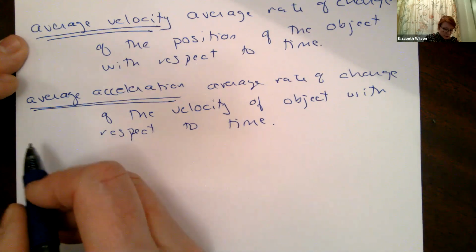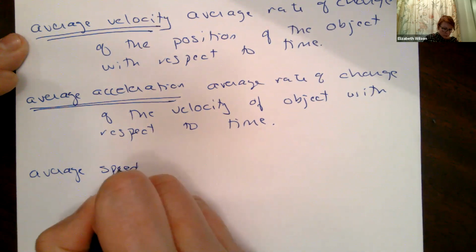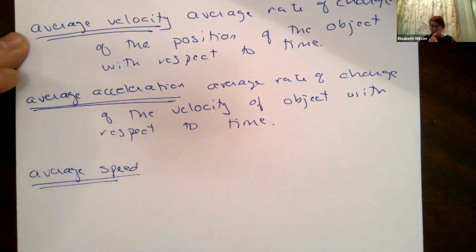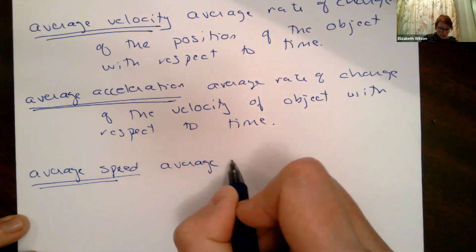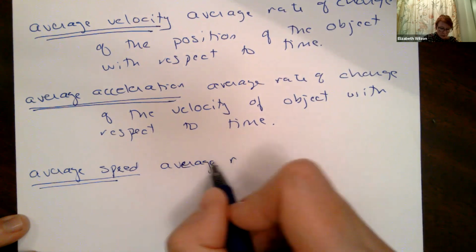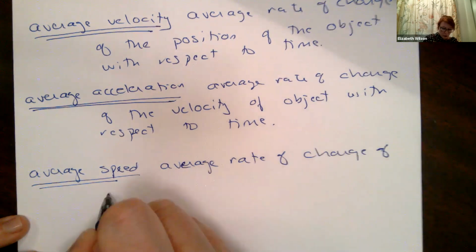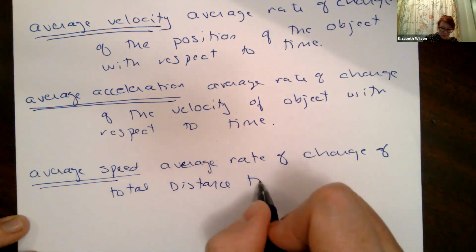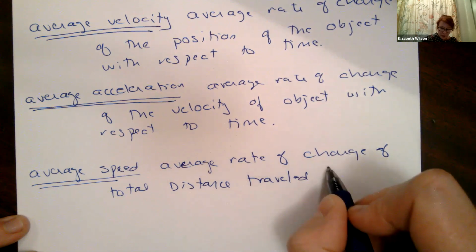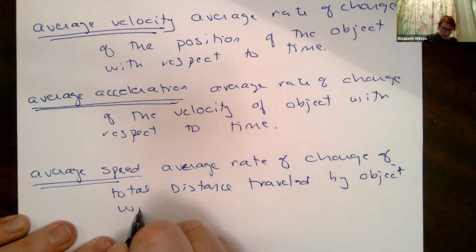It's different than our average speed. Speed and velocity are similar, but speed is a scalar. It doesn't have direction. It's based on the average rate of change of what we're going to call total distance traveled by the object with respect to time.